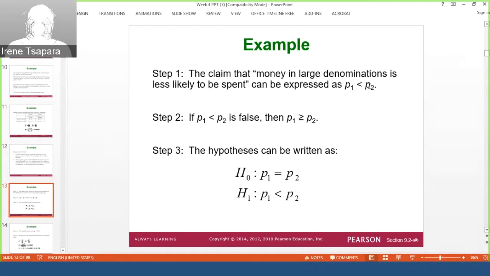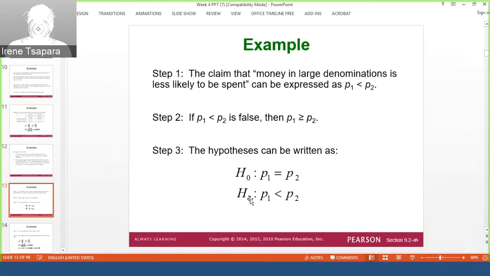And the hypothesis, we write in the same way as we wrote the hypothesis last week. H0: p1 is equal to p2, or less or equal, greater or equal to p2. H1: p1 is less than p2. So the proportions are less, and the claim is going to be the alternative hypothesis right here.